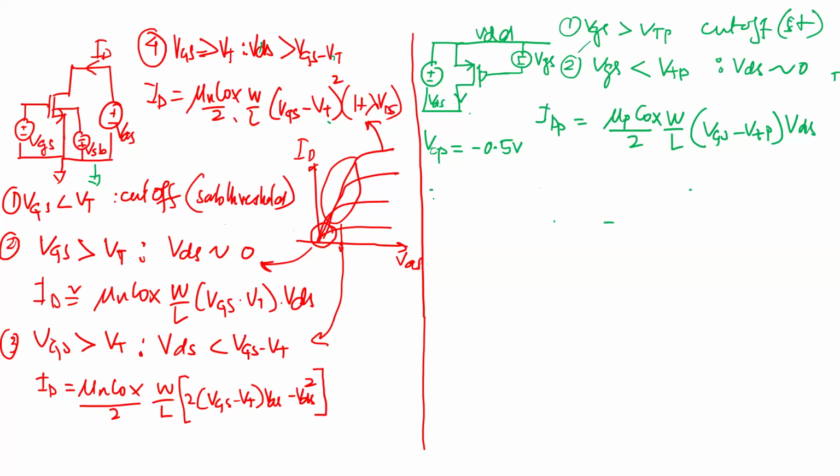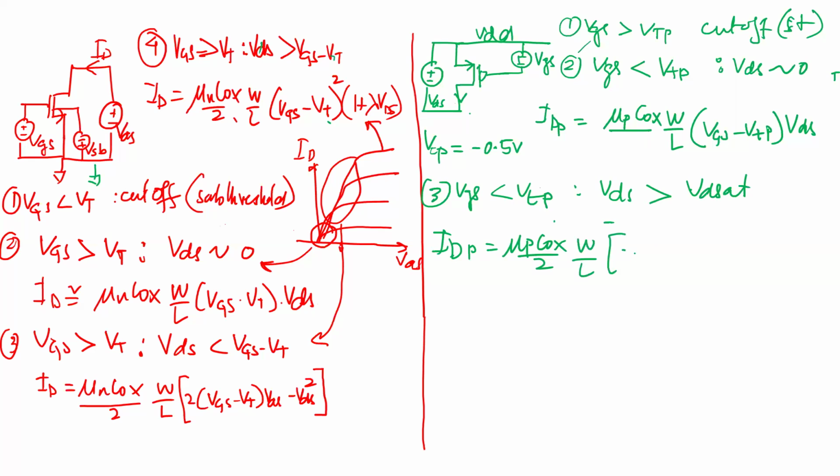And same thing now, the third one is VGS less than VTP and VDS is, so this is the linear mode, which means if you preserve the sign, VDS is greater than VDsat, and that's the linear equation, which is the same equation again, say IDP equals mu P Cox over 2, sorry, there's no 2 here, W over L, and then 2 times (VGS minus VTP) VDS minus VDS squared.